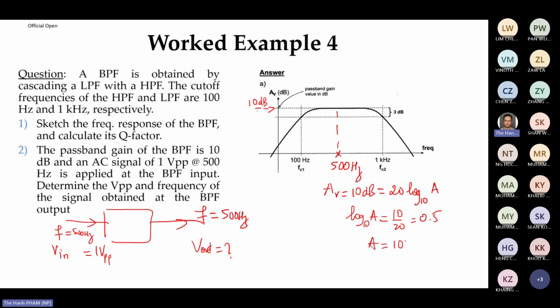And A should be 10 to the power of 0.5. Can you help me? What is 10 to the power of 0.5? 3.16. So from here you will see V out should be V in times 3.16. So you have 3.16 VPP.